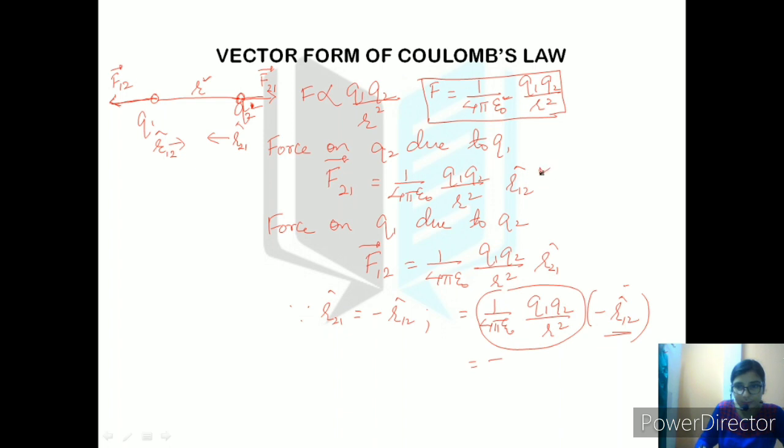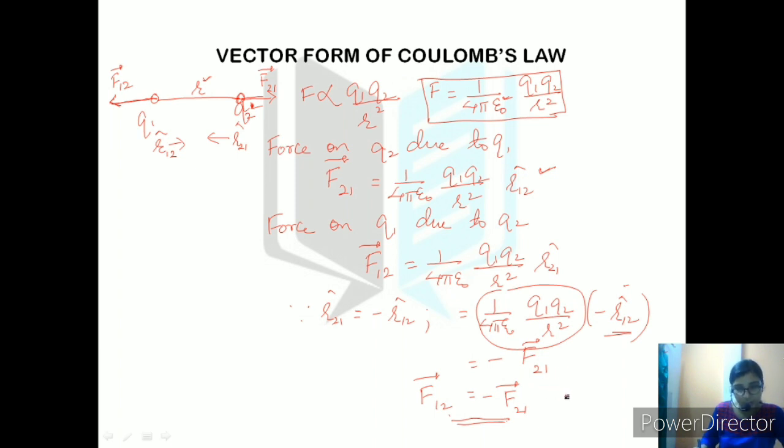This is nothing but the previous force, that is F21 vector. So what we see here is that the forces acting on these two point charges have opposite directions and are equal in magnitude. So we even see that as these two are equal and opposite, they are of the action-reaction kind.